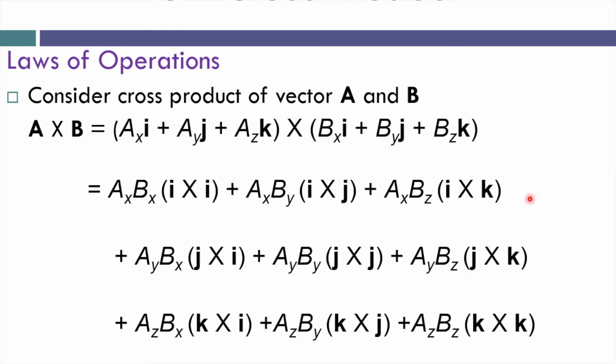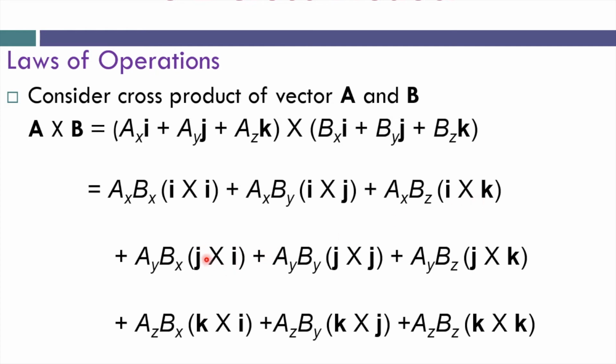So once we got this answer, we can start to get it in terms of this. If i times i is 0, the whole term will be 0. i times j equals k, and i times k equals j.